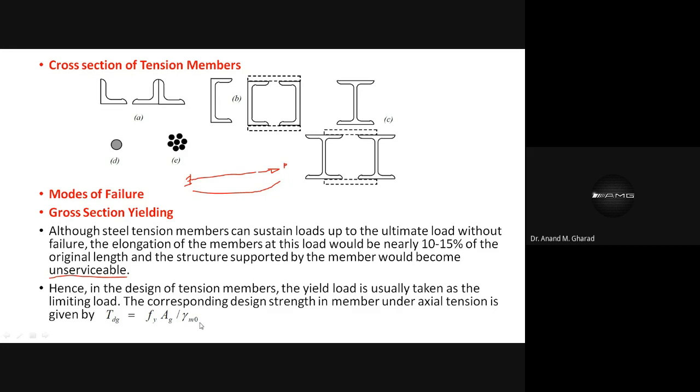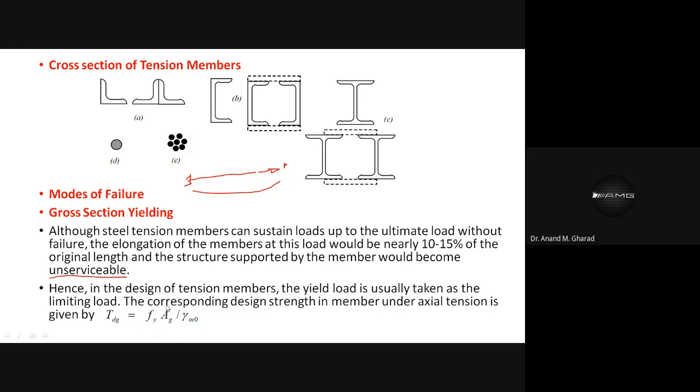Because of this presence of gamma m0, which is the partial safety factor for material, the elongation part will not come into the picture. The design will be restricted only up to this point, that is before elongation, but the material will try to at least yield.